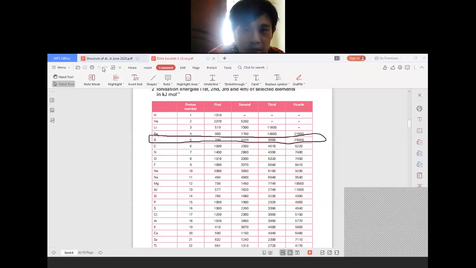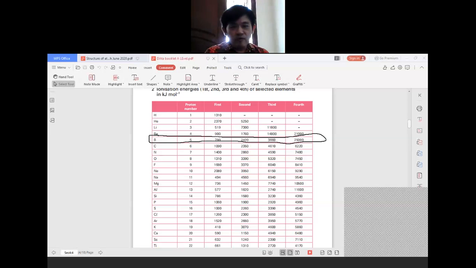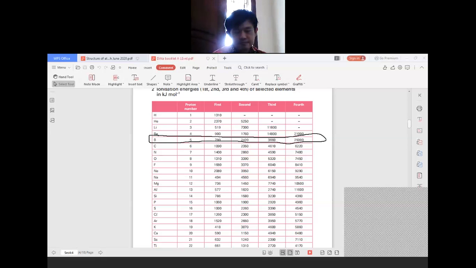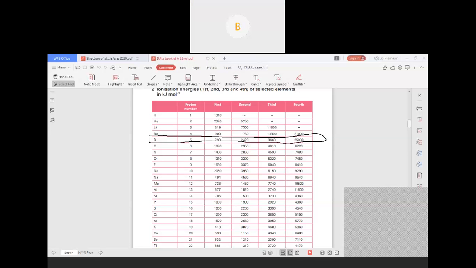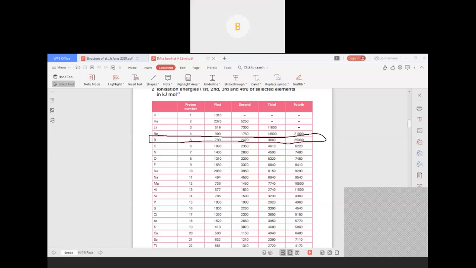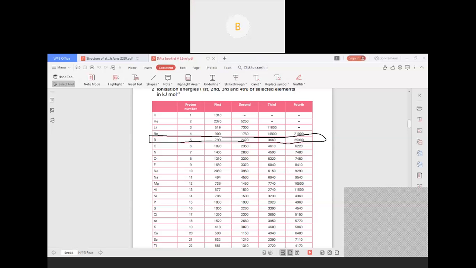Billy. Hello, Billy. Billy, let me ask, what is the value for the third ionization energy of boron that I already circled? 3660.